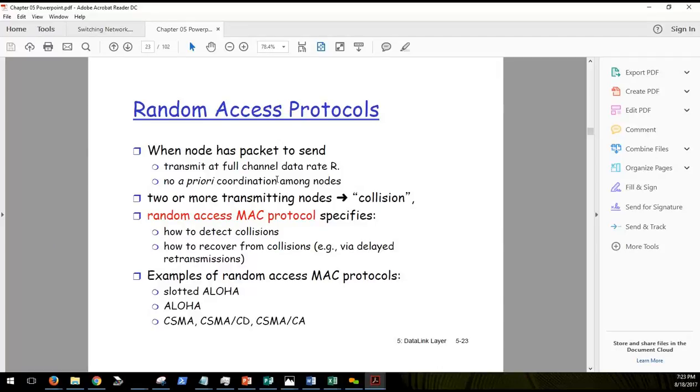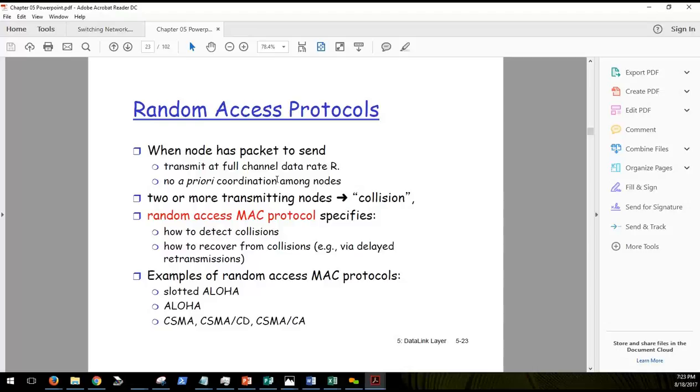If two or more nodes attempt to transmit at the same time, we have what's called a collision, and collisions should be avoided. So, a random access MAC protocol specifies, one, how to detect when a collision occurs, and two, how to recover once the collision has been detected.